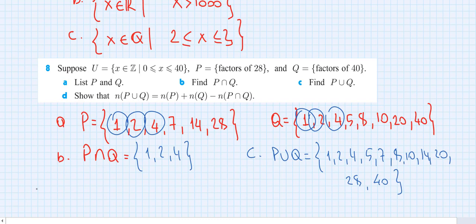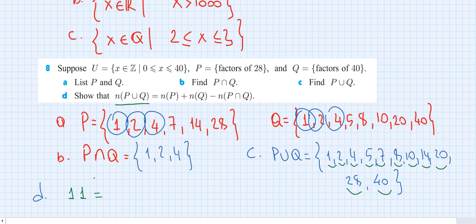And last but not least, part D: we need to show whether the left-hand side and the right-hand side are equal. These are about the numbers. Let me choose another color. The left-hand side says the number of elements in P union Q. How many elements do I have here? 1, 2, 3, 4, 5, 6, 7, 8, 9, 10, and 11. I have 11 numbers there.